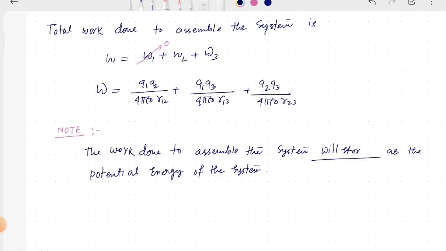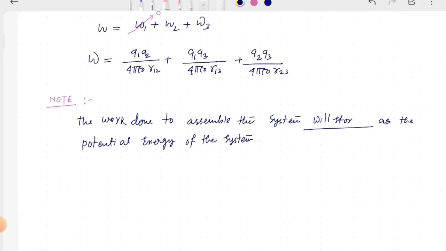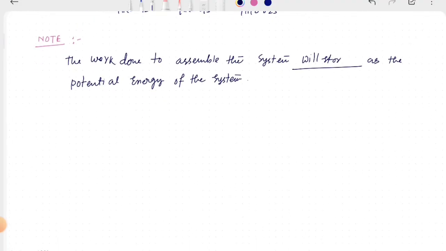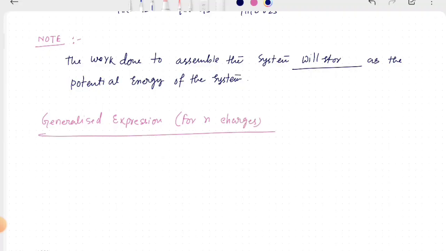So now we want to write the generalized expression for n charges.